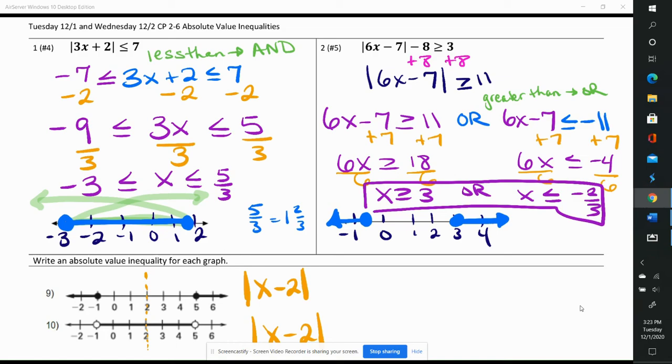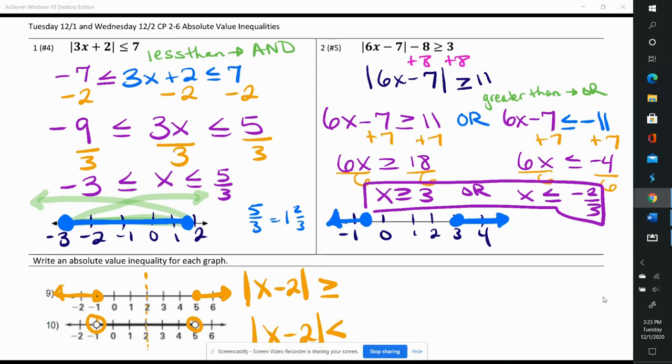Now the other piece we need is to determine the inequality symbol. Because number 9 is shaded as an or, and both are filled in, we know it's going to be greater than or equal to. Because 10 is shaded as an and it's open, we know it's going to be less than.